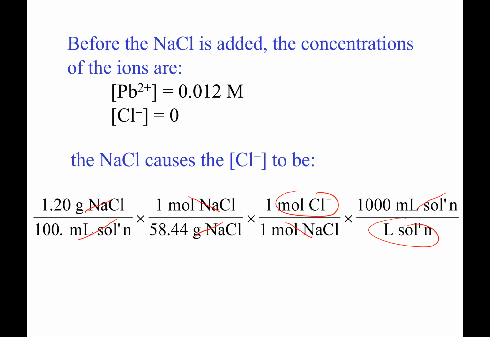Perfect. So 3 sig figs looks like 0.205 molar, or moles per liter of Cl minus. So now I've got that ready to plug into my KSP expression along with my lead 2 ion to see if my QSP is larger than my KSP.